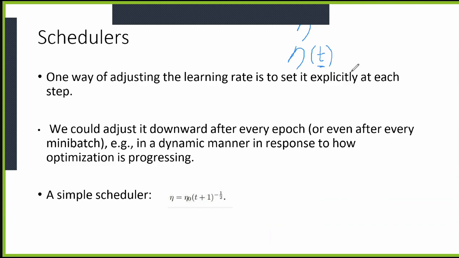Now, the first question would be, how would we define this time itself? Should we update the learning rate in every iteration or each step, as this first bullet point says, or should we update it after each epoch?